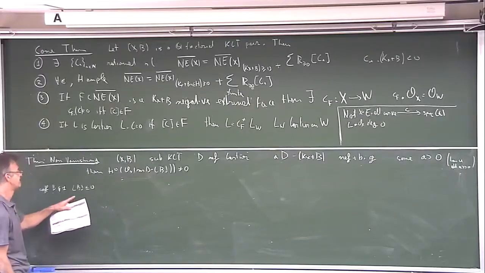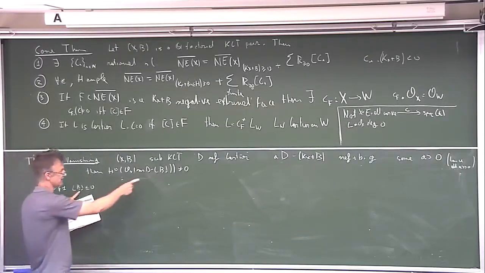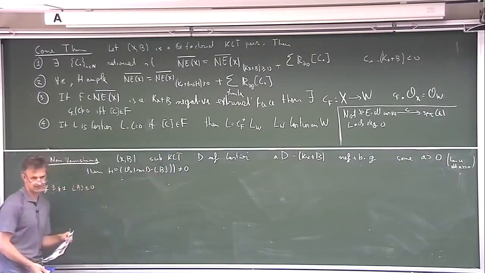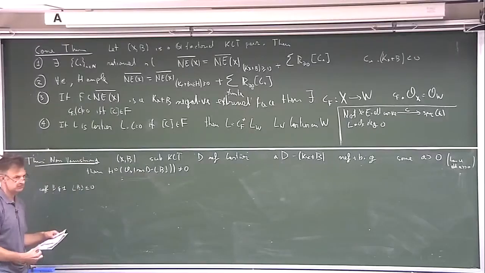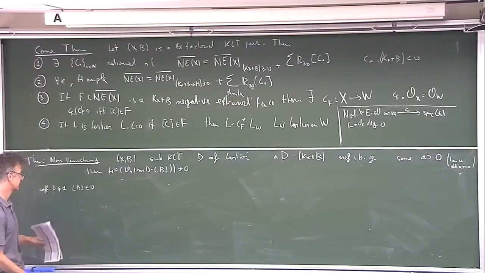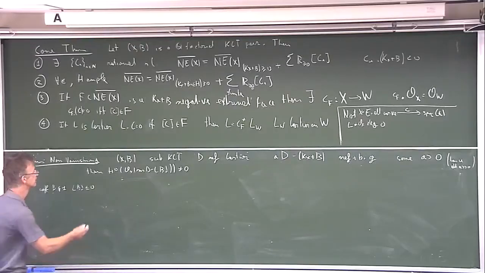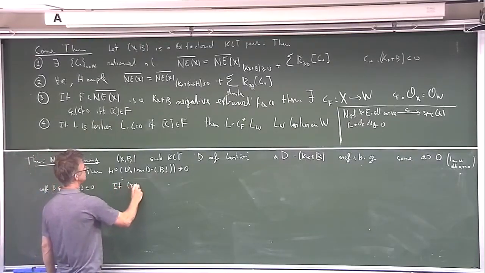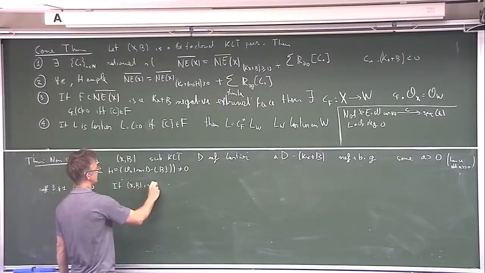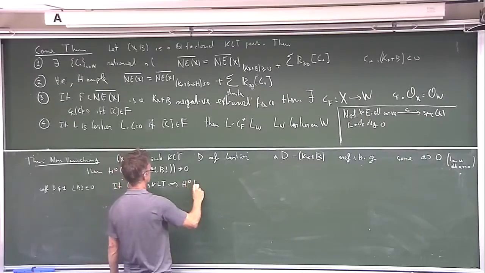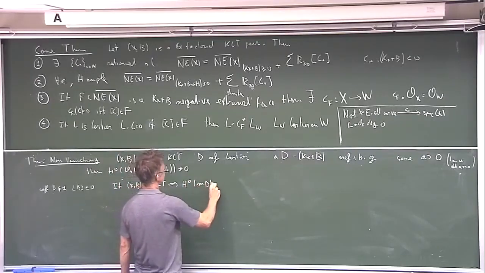So this round down of B is anti-effective; minus it is some effective divisor here in this picture, just to fix an idea. So if (X, B) is KLT, then this is just saying that h0 of mD is non-zero.